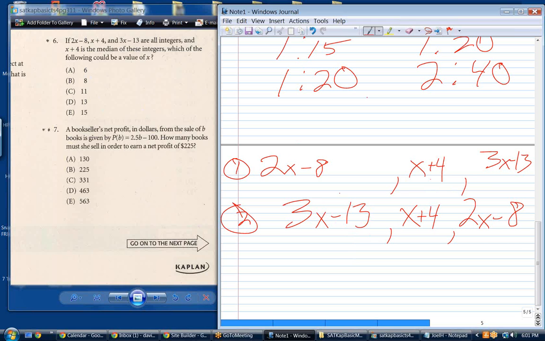We're just going to switch the numbers if the first one doesn't work. So what's this? 11, 12, and 8. So this doesn't work, and if I switch the 8 and the 11 around, it also doesn't work. So it's not 8.